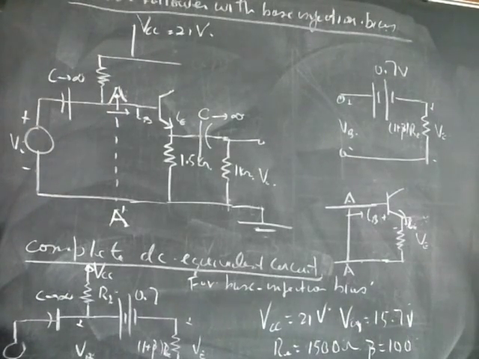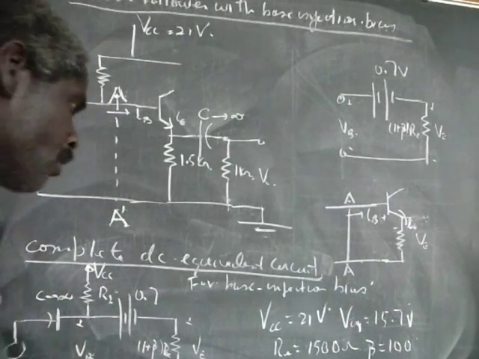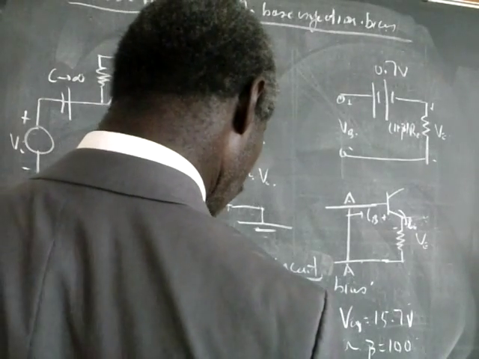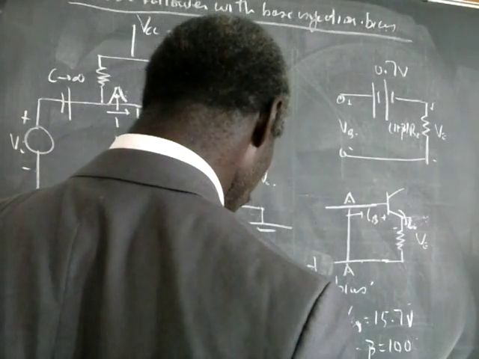So with these values, VCC equals 21 volts, RE equals 1500 ohms, and beta is equal to 100.